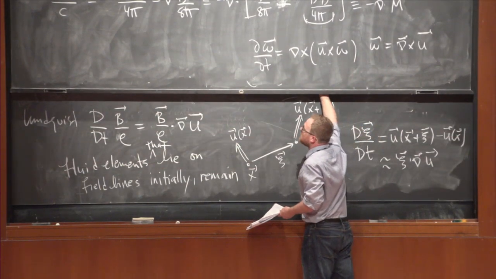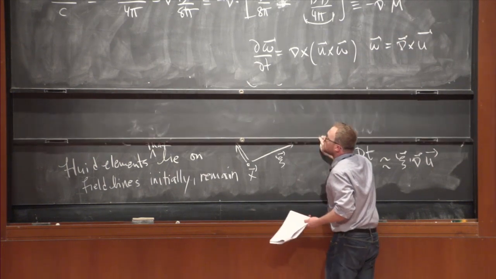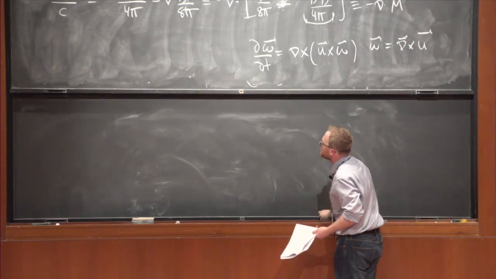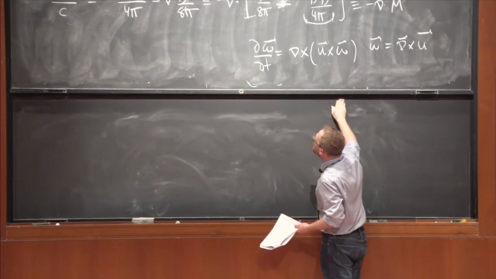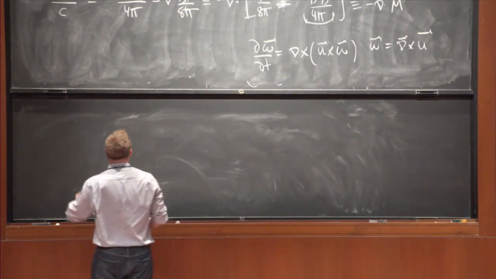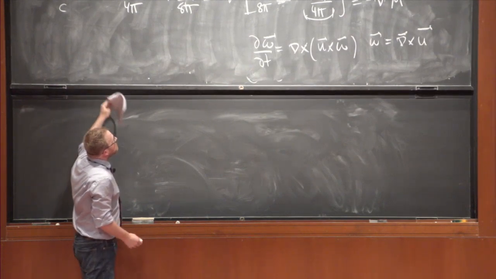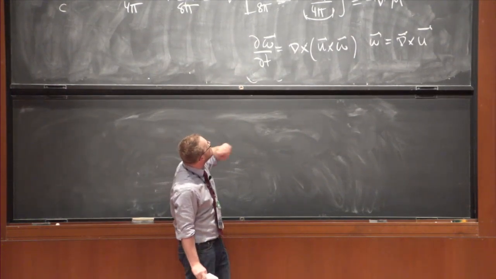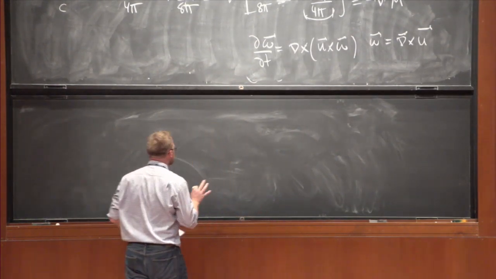So what I'm going to do now is rewrite this in a more physical form. Reason I don't like this is that people usually say the first term is pressure and the second term is tension, but that's not exactly true.